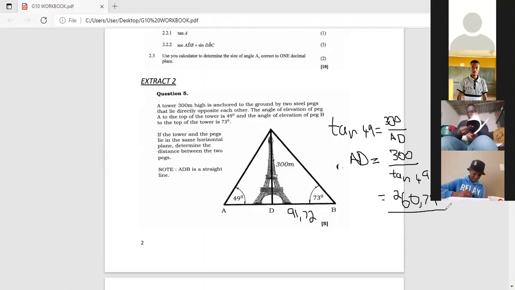And then with the other number, the answer for DB, you add that together and it equates to 352.51.